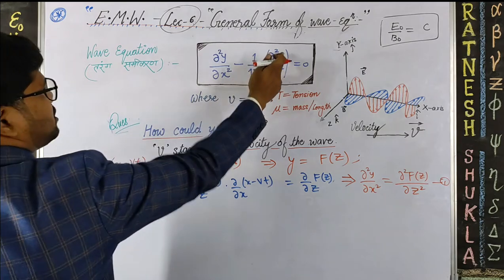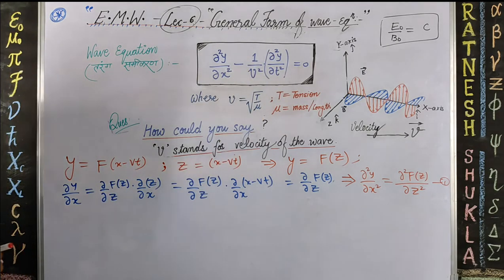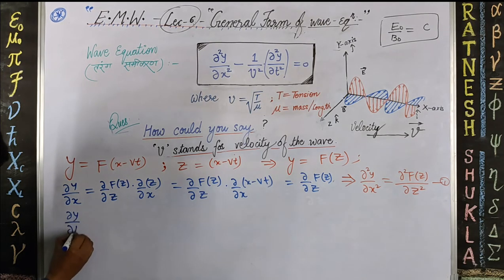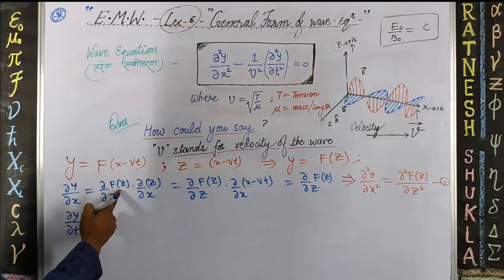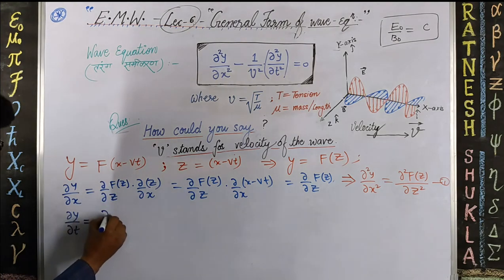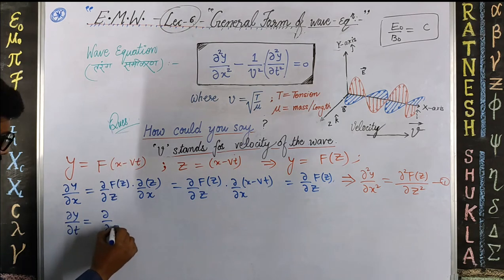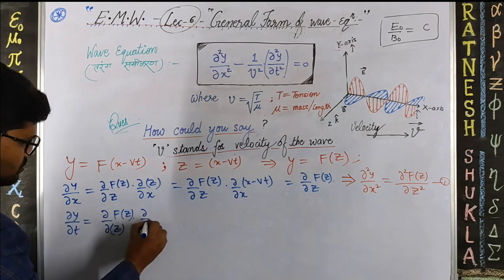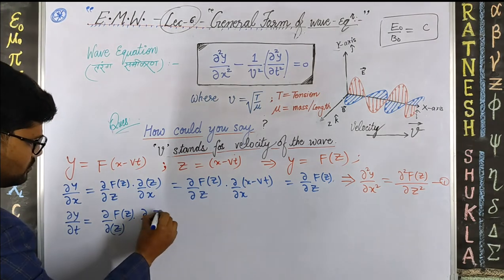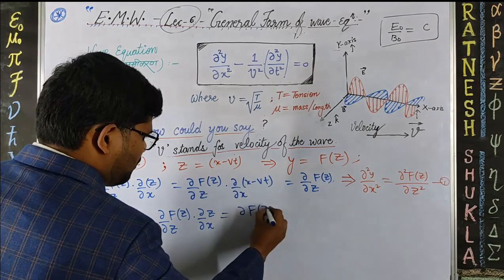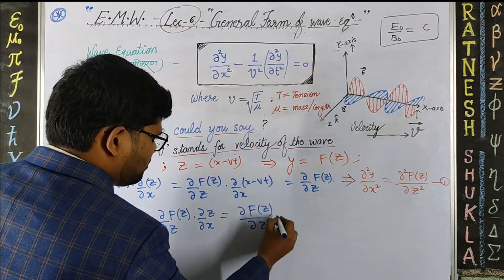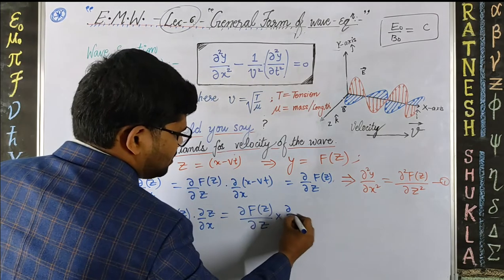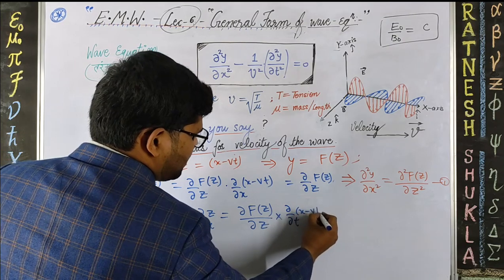Next, differentiate y with respect to t. That is dy over dt. y is the function of z, so first you differentiate y with respect to z, that is d/dz of f of z into d/dt of z. z equals x minus vt, that is d/dt of x minus vt.